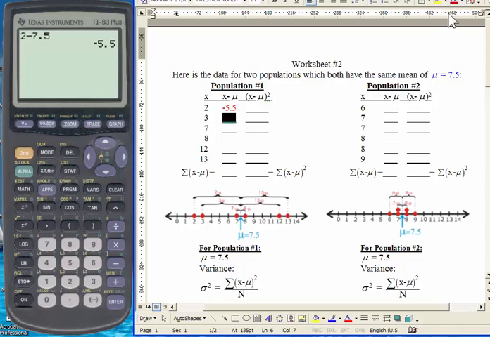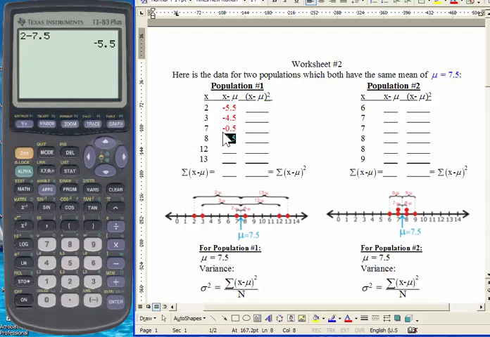What is 3 minus 7.5? Negative 4.5. Our next one, what is 7 minus 7.5? Negative 0.5. Here, let me make that red so it looks like all my other answers. And what is 8 minus 7.5? Notice that is a positive 0.5.